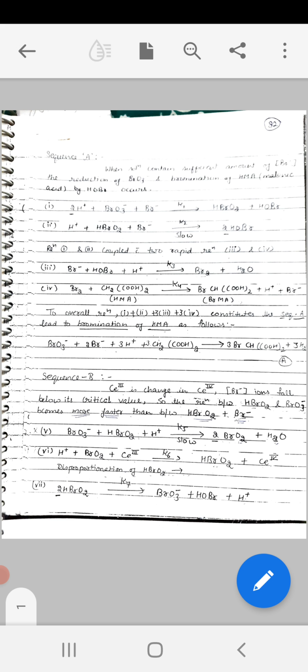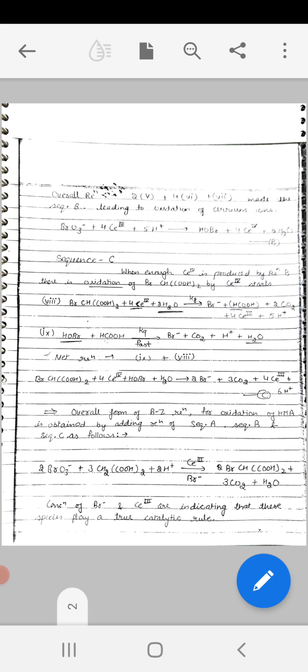Now we will study sequence C, sequence 3. When enough cerium 4 is produced by reaction B, the oxidation of BrCH(COOH)2 by cerium 4 starts. BrCH(COOH)2 combines with 4 cerium 4 ions and 2 water molecules with rate constant k8 to form bromide ion, HCOOH, 2 CO2, 4 cerium 3 ions and 5 H ions. The next step is HOBr reacting with HCOOH, formed in the former step, with rate constant k9.